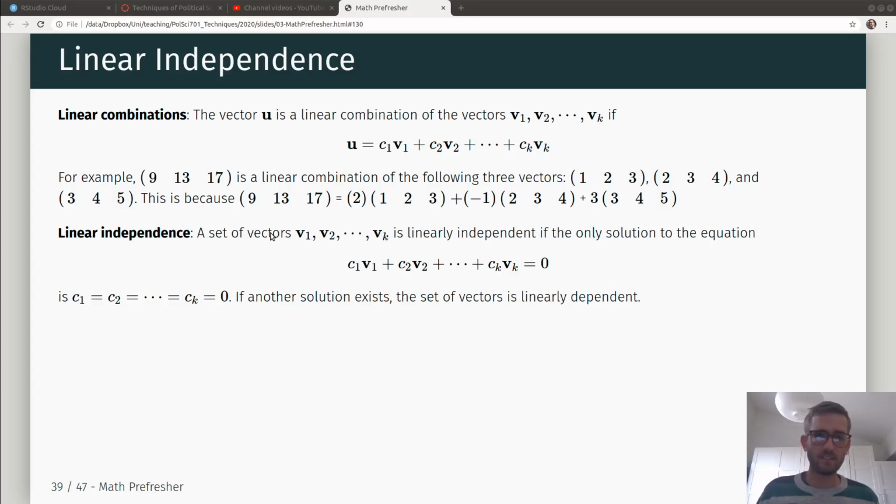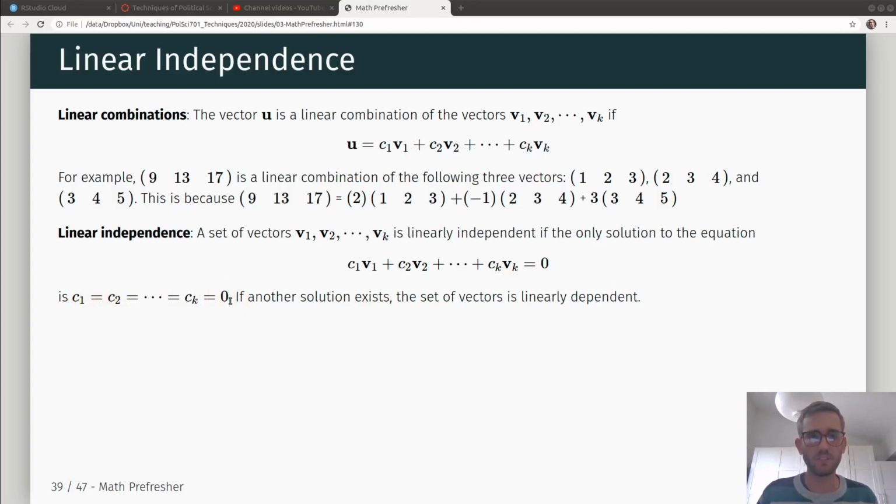What linear independence now means is that a set of vectors is linearly independent if the only solution to the equation c1 times v1 plus c2 times v2 and so on up to ck times vk is equal to 0, is that all scalars, so all constants c1, c2 up to ck, are equal to 0.